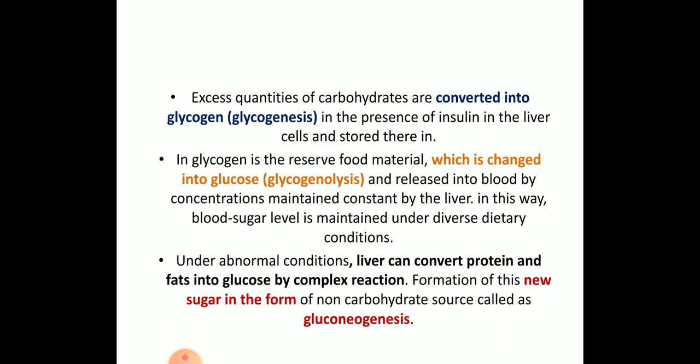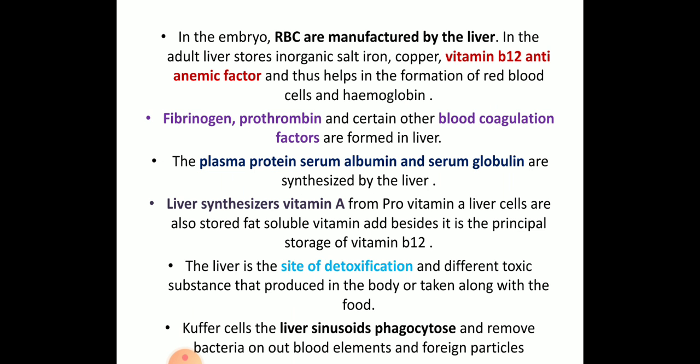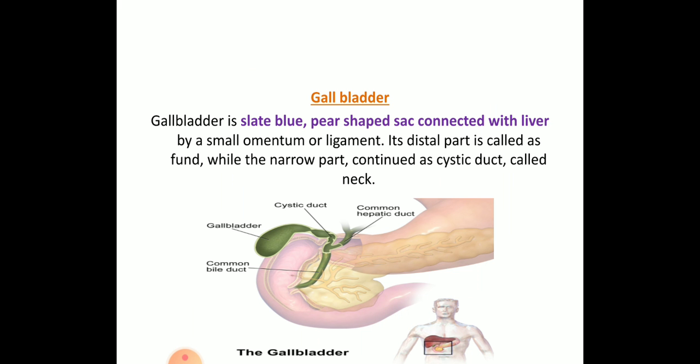Under abnormal conditions, the liver can convert protein and fat into glucose, and new sugar will be formed. That is called gluconeogenesis; neo means new. Some vitamins, such as vitamin A, are stored here, and blood clotting factors like fibrinogen and prothrombin are produced by the liver, which is also called the site of detoxification.